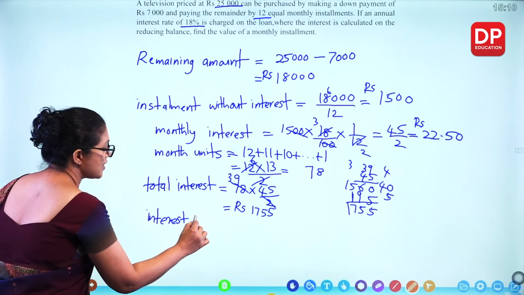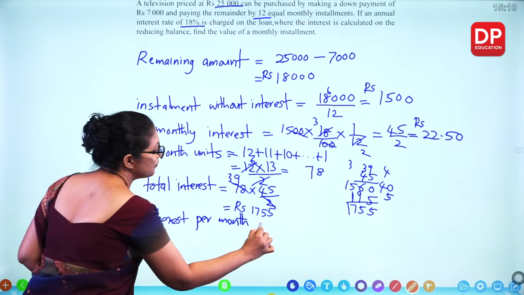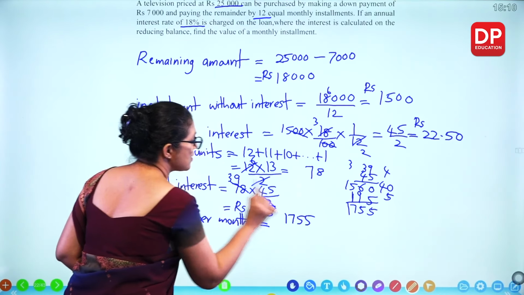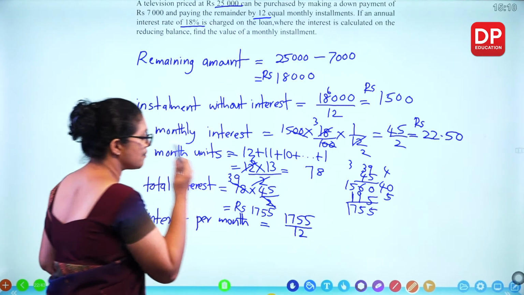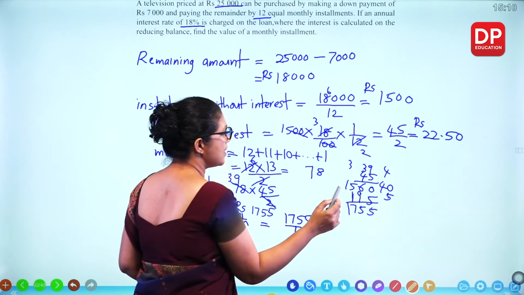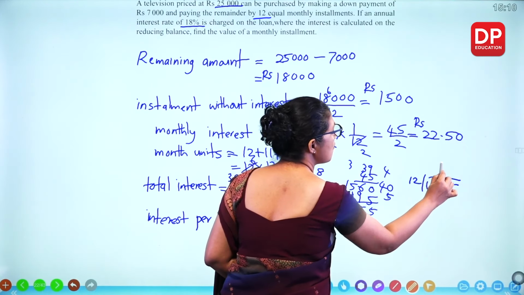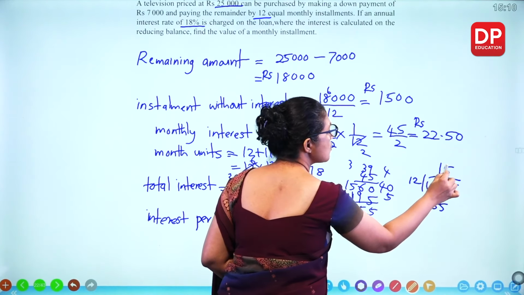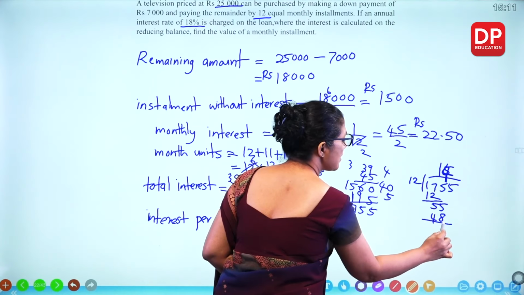Then what's the interest per month? The total interest is 1,755 divided by 12. So what's the total? So you divide 1,755 by 12. 1, 5 remaining. 12 times 5, 60. So 4, 48.